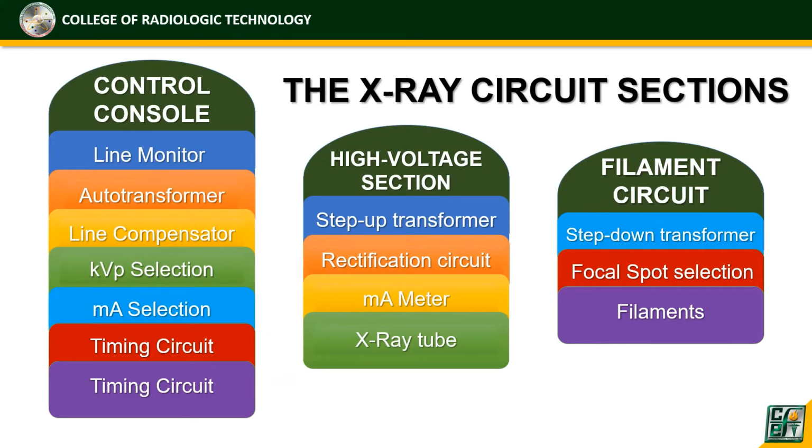So again, the X-ray circuit is divided into 3 sections, namely the control console, the high voltage section, and the filament circuit or the X-ray tube. First, we must go back to the definition of what is the operating console or the control console.